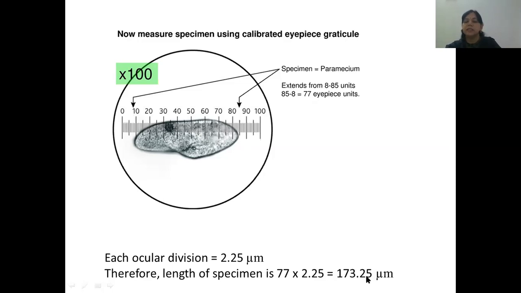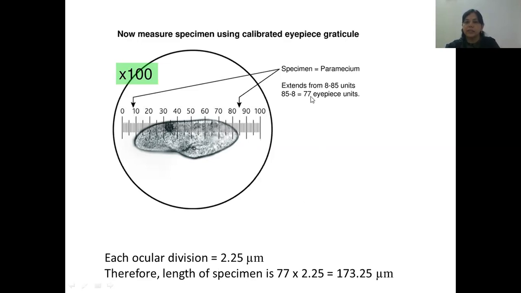That is the length of the paramecium that we are seeing here. It is 173.25 micrometer. So first we have to calibrate, or rather find out what an ocular division is. So this is the calibrated value. For this we have to use the stage micrometer. After the calibration, remove the stage micrometer, place the specimen, see how many divisions are occupied by the specimen, and then multiply it by the calibrated factor.